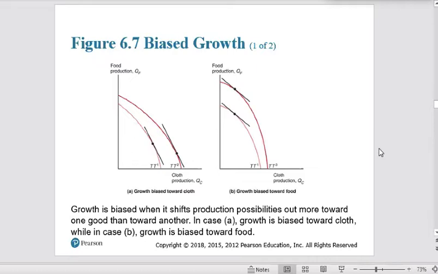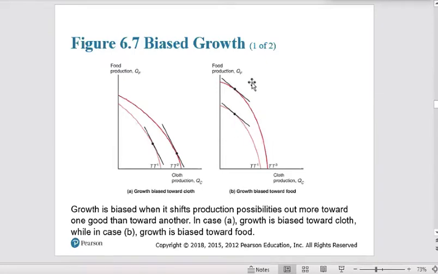For example, if there's a biased growth towards clothes production, you see the gap in clothes is higher than the gap in food production after the change in technology. The new PPF will be shaped differently than the original one. This is the original one, this is the new one. You see the shape is different. There's a bias.